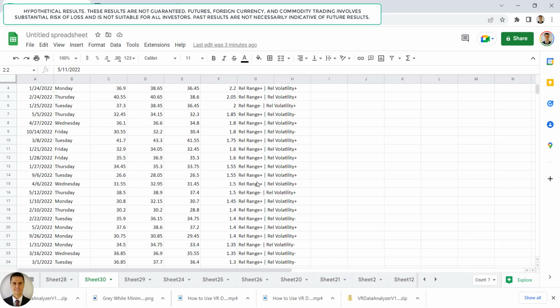Here's what I typically hear from retail and prop traders. Okay, how much money did it make today? That, in my opinion, is the wrong way, and I say this, of course, with utmost respect. It is the wrong way of approaching trading.